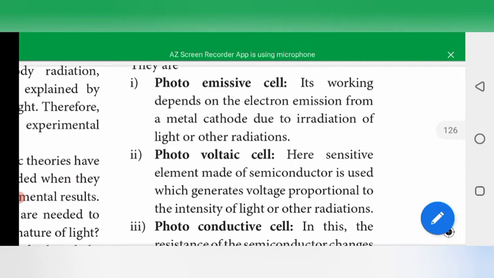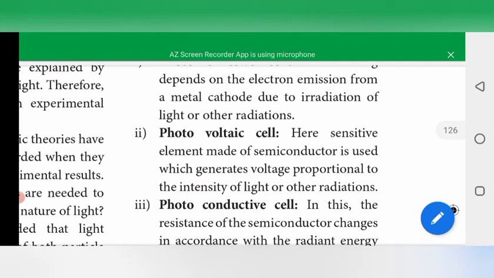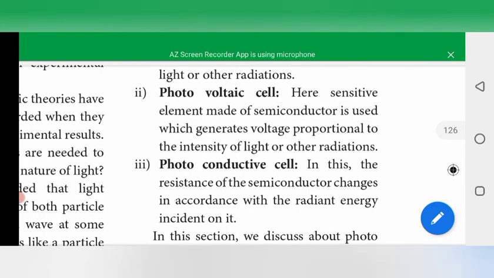The first one, the photoemissive cell, works depending upon the electron emission due to the irradiation of light. The second one is the voltaic cell, which generates a voltage proportional to the intensity of light. And the third one, the conductive cell, is one in which the resistance of the semiconductor changes in accordance with the radiant energy incident on it.